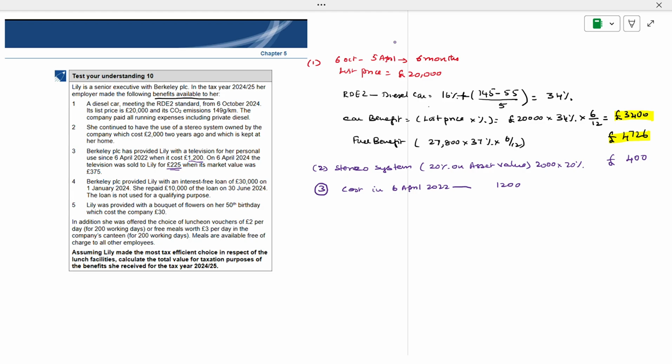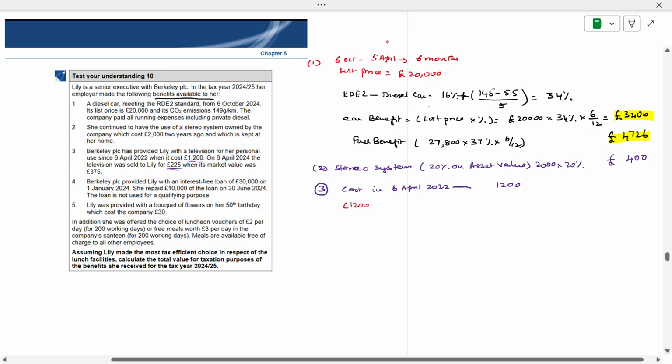How can we reduce the value for 2 years? 1,200 times 20% is for one year, times 2 years. Are you clear about this? 20% for 2 years, or you can put 40% also.